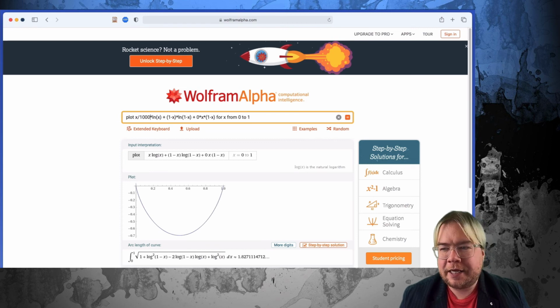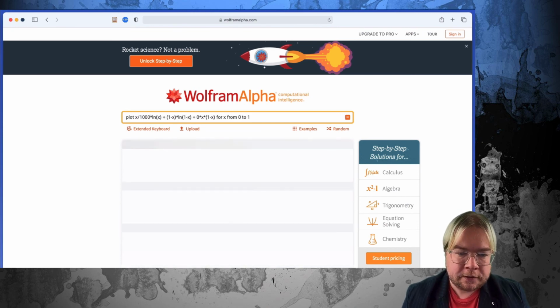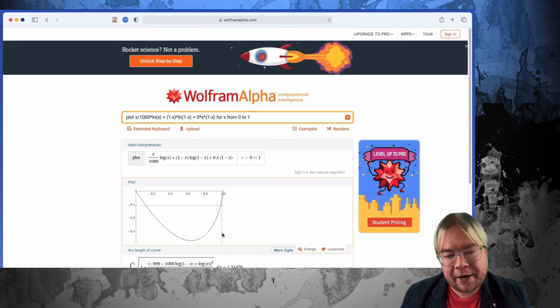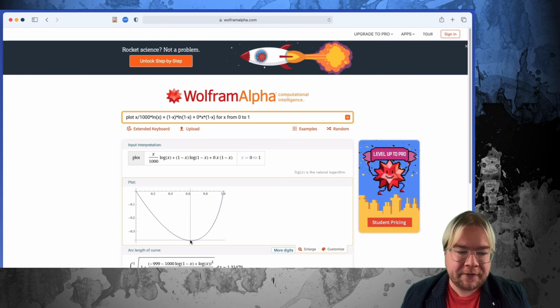And let's just say that everything's ideal. So let's get rid of the chi parameter and see what the entropic contribution to the free energy looks like. So this might take a second. And there it is. So you notice the minimum of the function has shifted to higher volume fractions, and we'll discuss the implication of that.